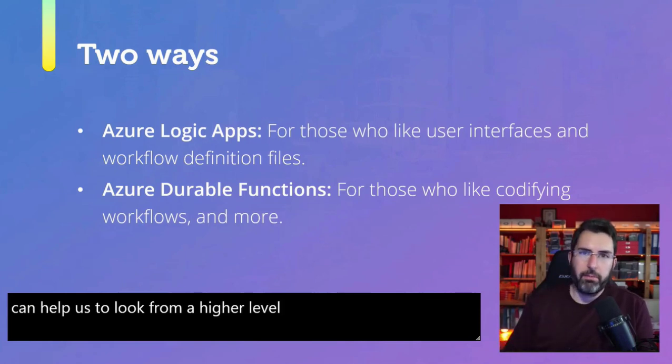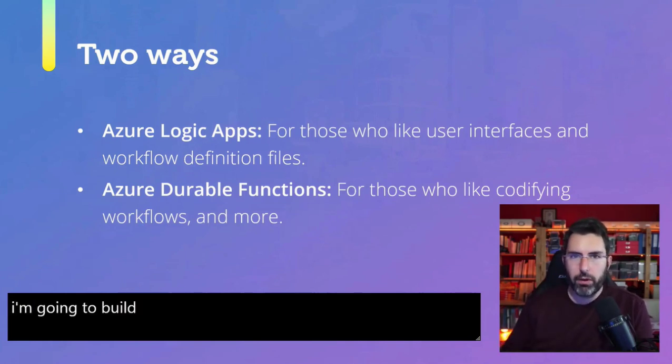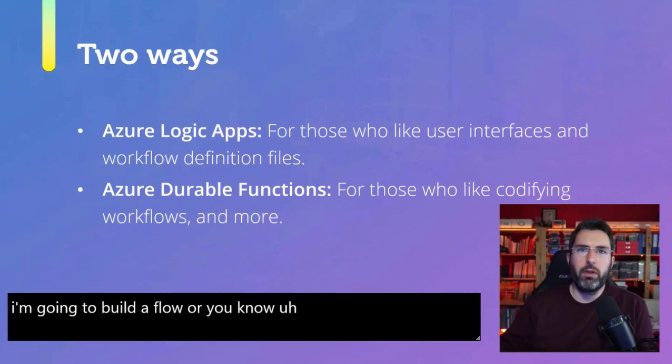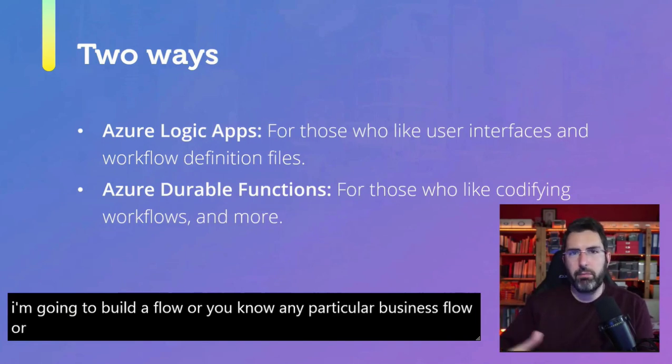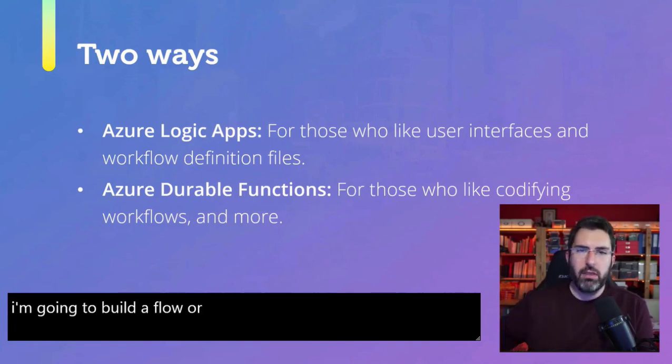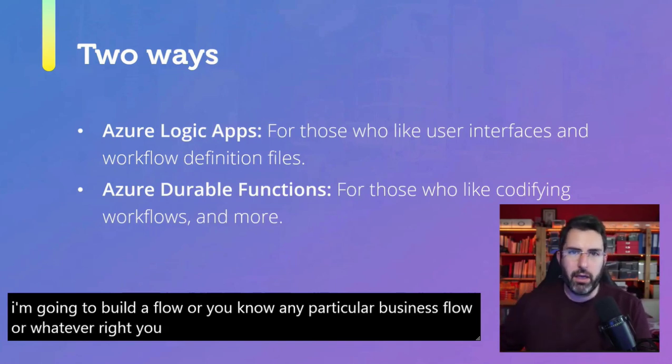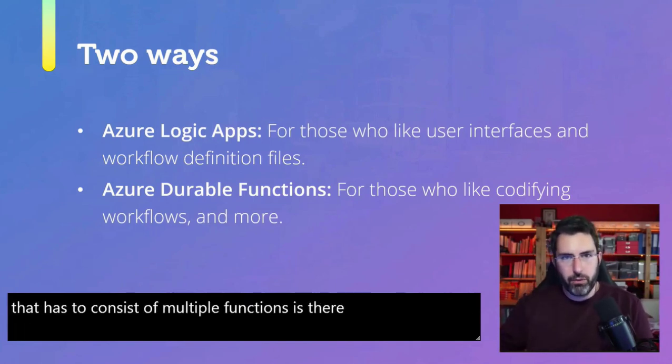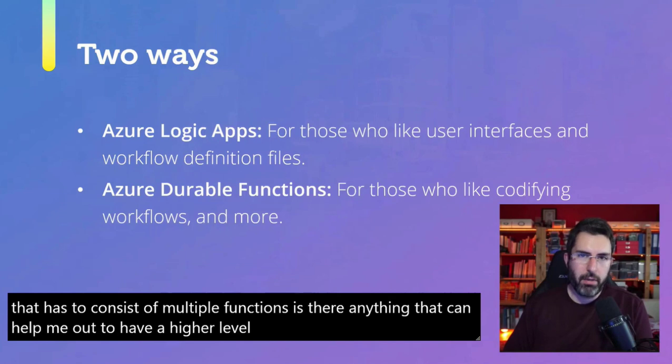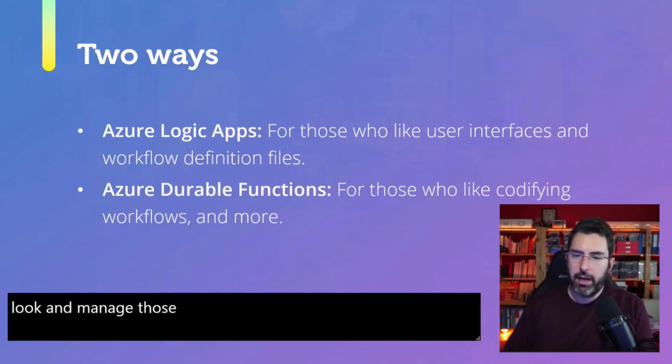And what if I'm going to build a business flow, a process that has to consist of multiple functions? Is there anything that can help me have a higher level look and manage those processes? That's the topic when it comes to function orchestration.